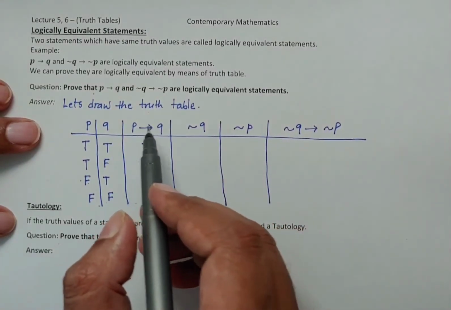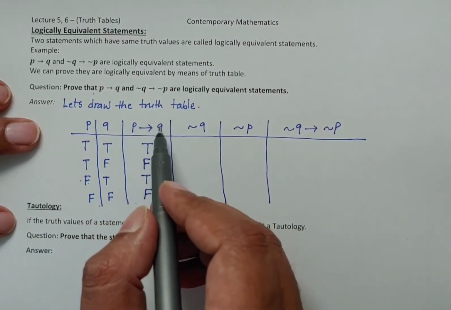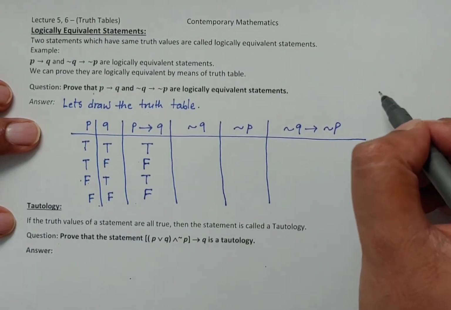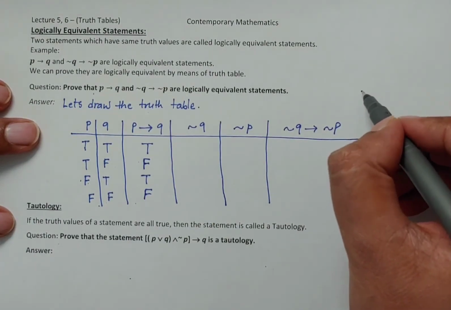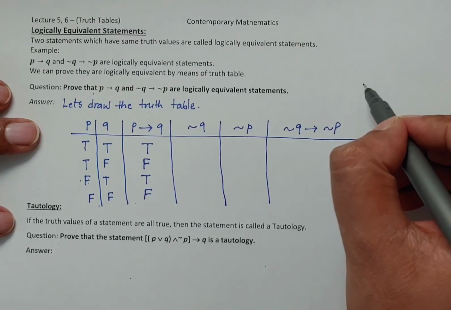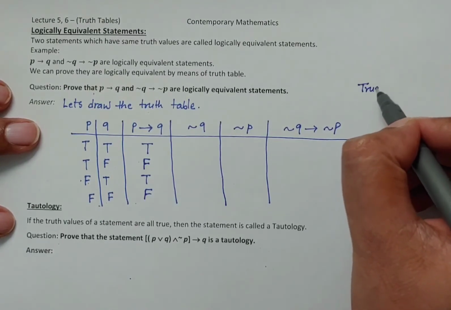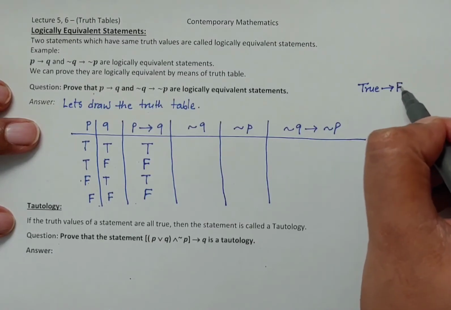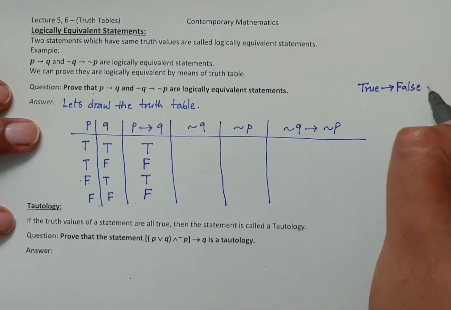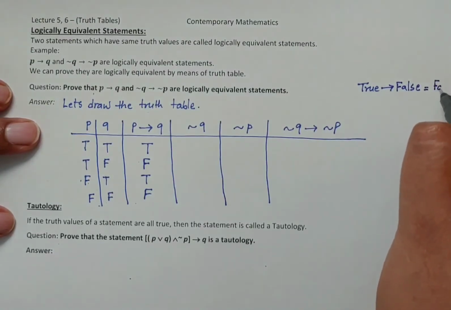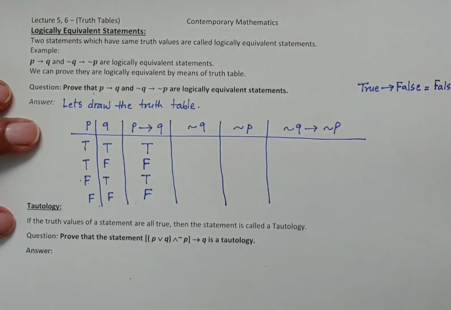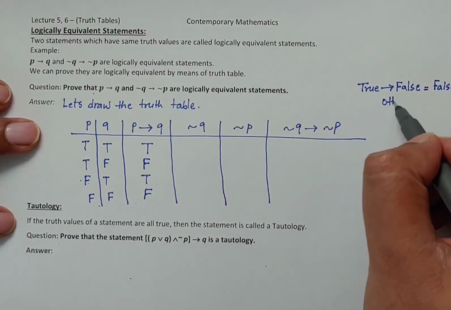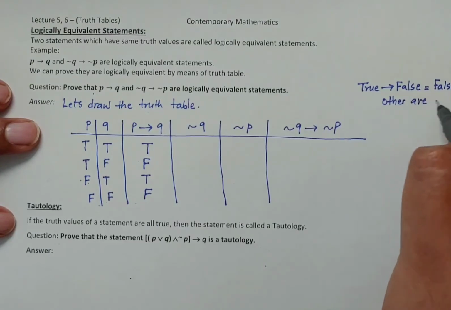So when the first is true and the second is false, then it is false. In any conditional statement, true implies false is false. Otherwise, the others are true.